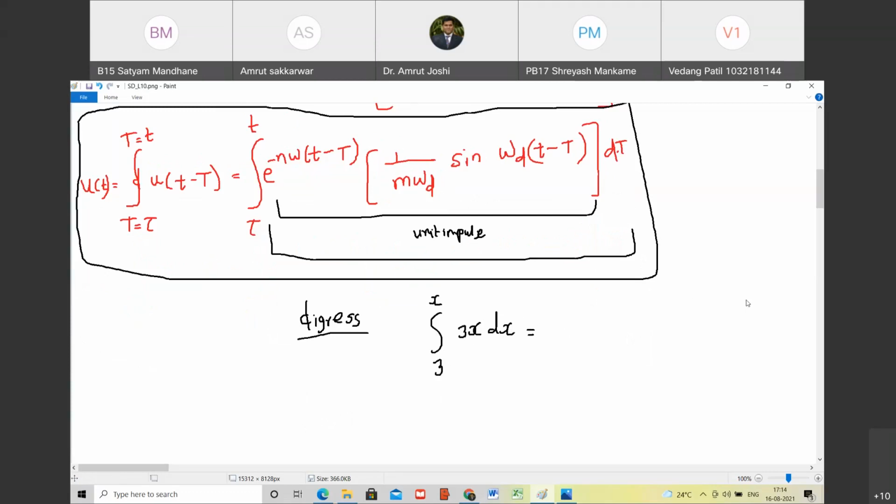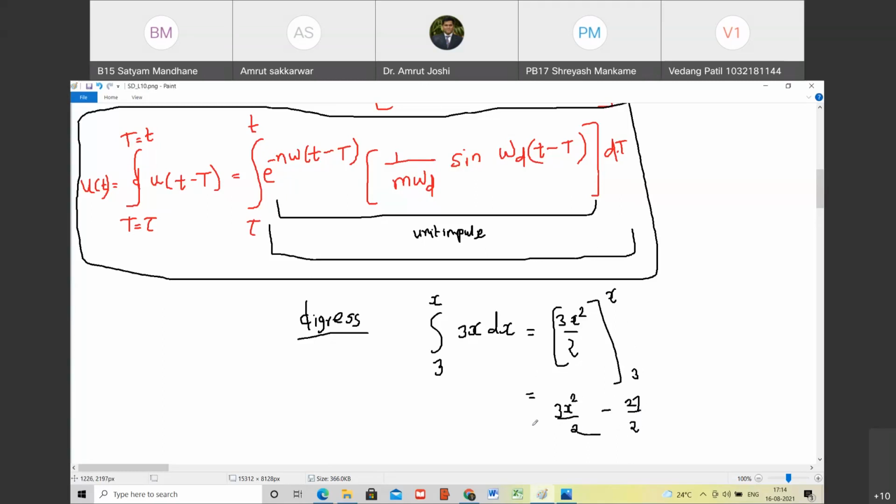Vedang? So 3x square by 2 is the integration, and we have to put the limits, right? So what will be the integration? 3x square by 2 minus 3 into 9 by 2, so 27 by 2.